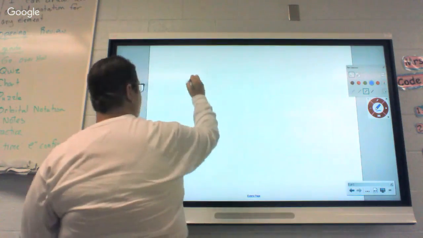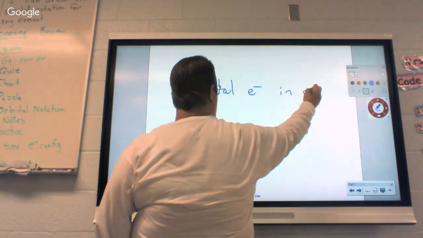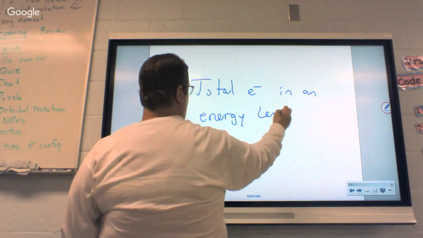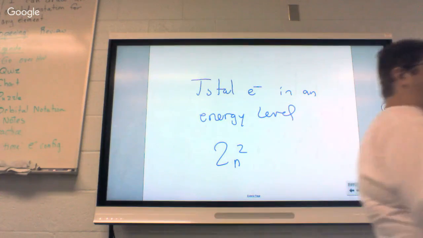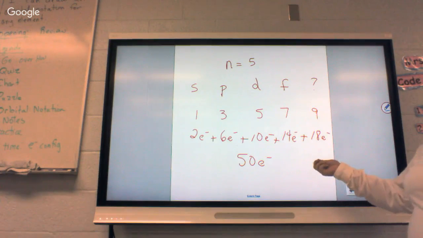Total electrons in an energy level is 2n squared. So if we take that 5 we just did, what's 5 squared? Times 2 is... Now the reason I won't teach you this up front is you don't understand conceptually where the numbers come from if I teach you that up front.